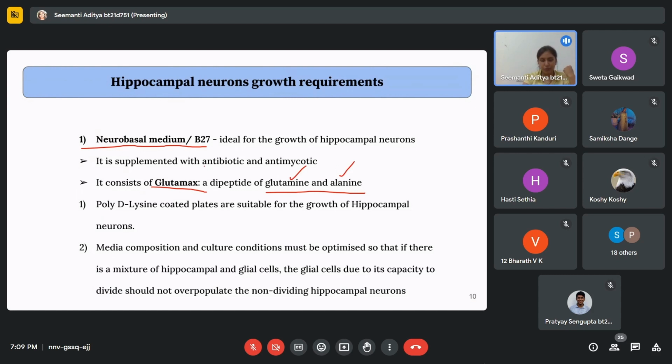Also, it is supplemented with antibiotic and antimycotic, generally known as anti-anti. Anti-anti is required to avoid contamination in your cells, because they're primary cells and we are isolating them from animals, so it has to be in very sterile conditions.